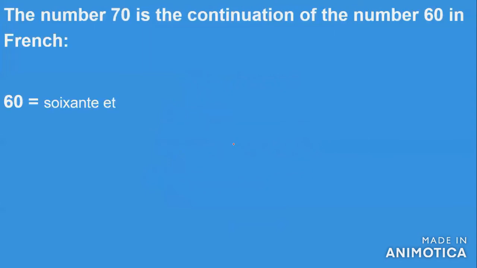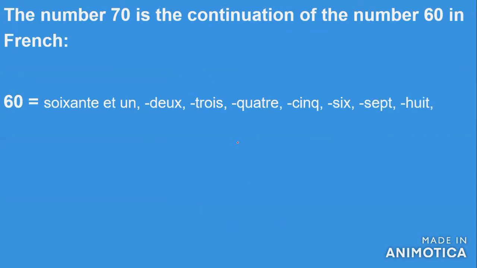Soixante et un, 62, 63, 64, 65, 66, 67, 68, 69. Now, remember that we will stop using that "et" after this number 61. 70 won't need that "et" anymore. All right?